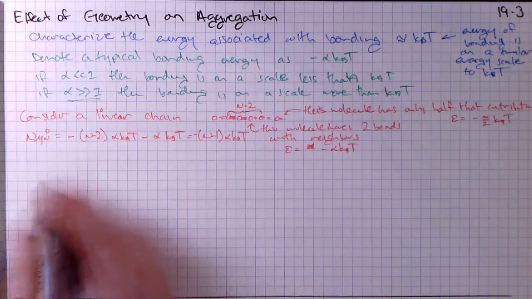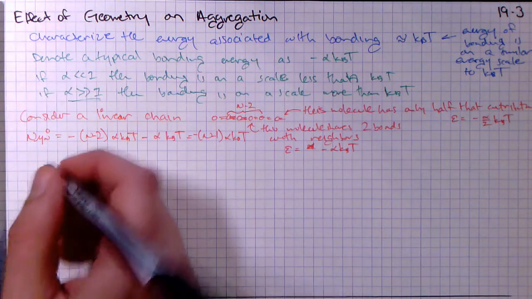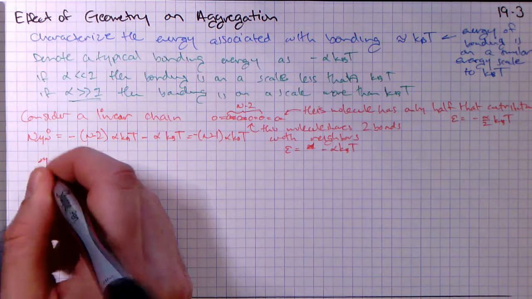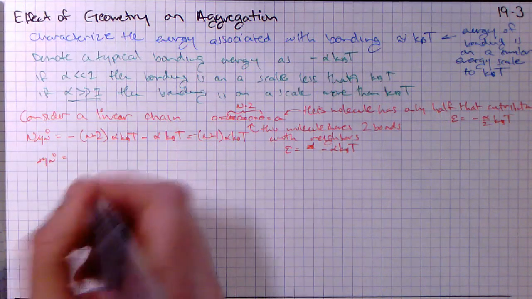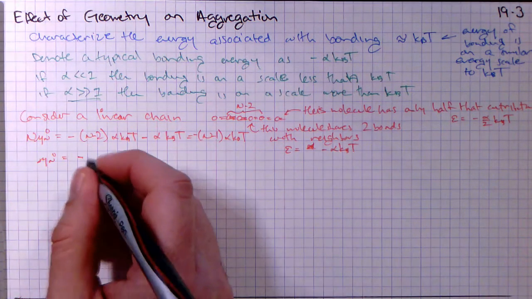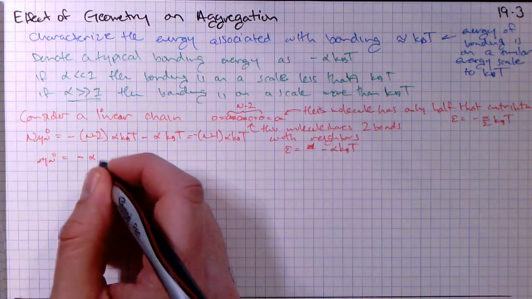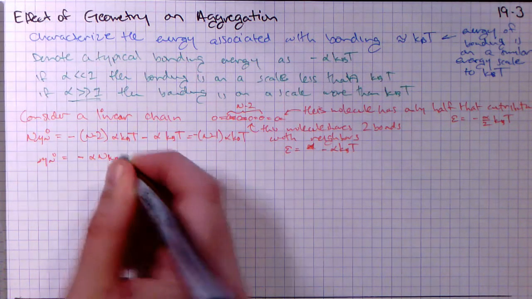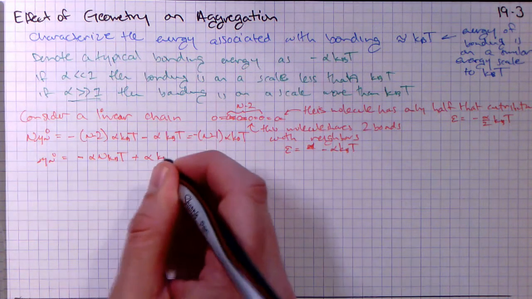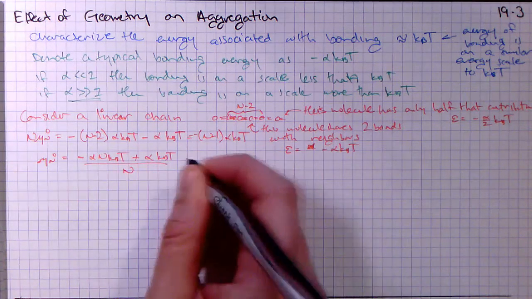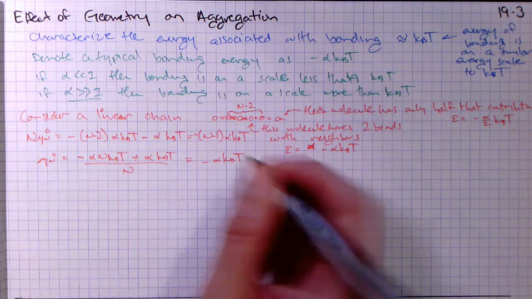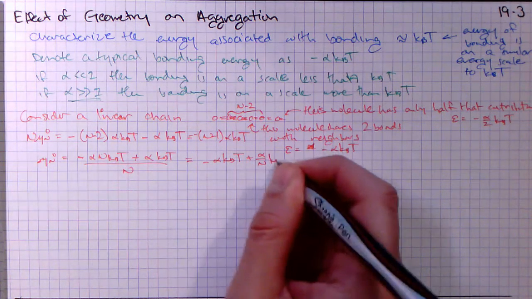So we can rewrite this then as mu n0 is equal to minus alpha n kBT plus alpha kBT, all over n, so that's minus alpha kBT plus alpha over n kBT.